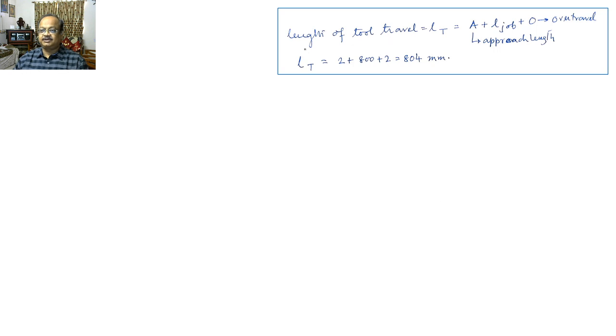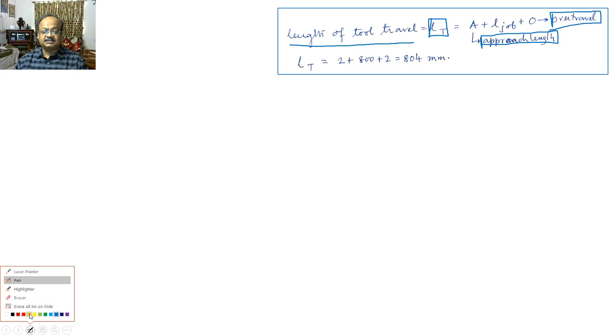So first thing we are going to find out is length of tool travel, LT. Length of tool travel has 3 components: approach, over travel and job length. This is particularly true in case of turning operation.